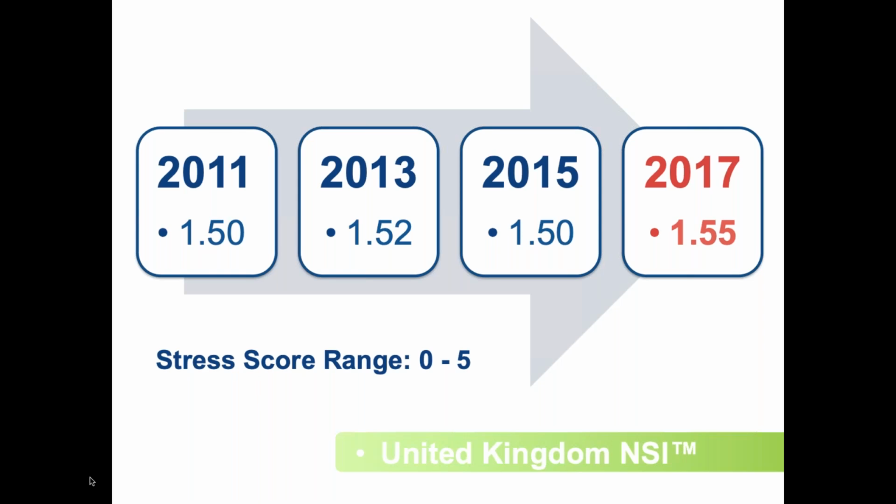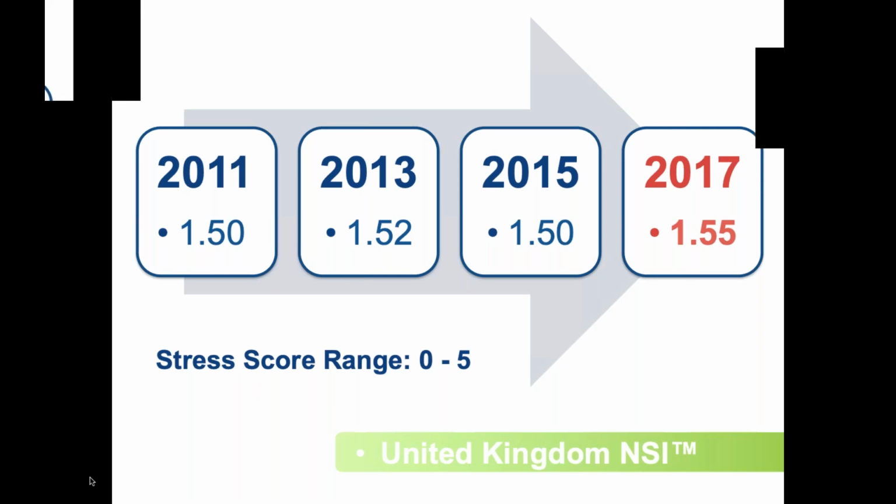It typically has stayed over 2.0, hovering around 2.2, and their current NSI score for 2017 is 2.18. It may be helpful to compare that to other countries or against its own score over the past decade.